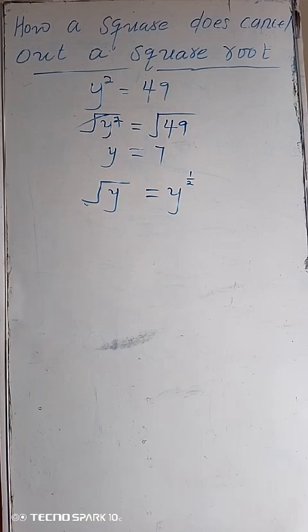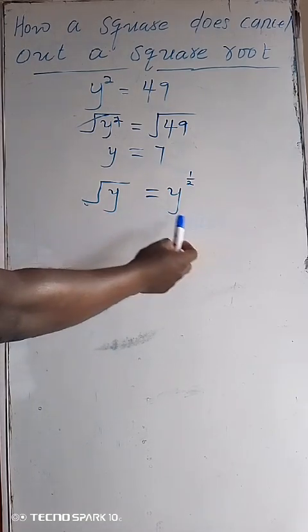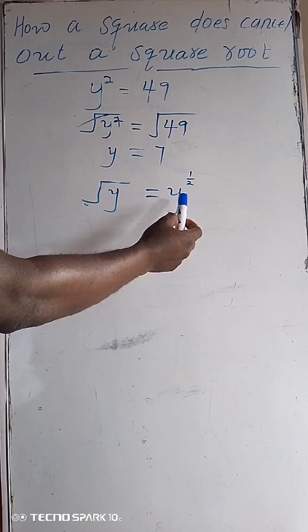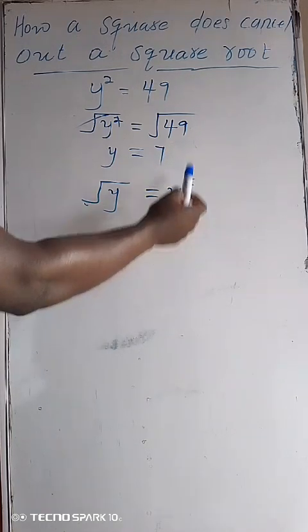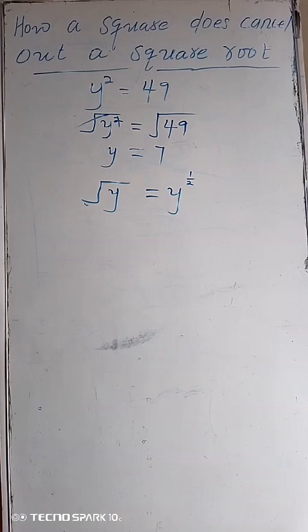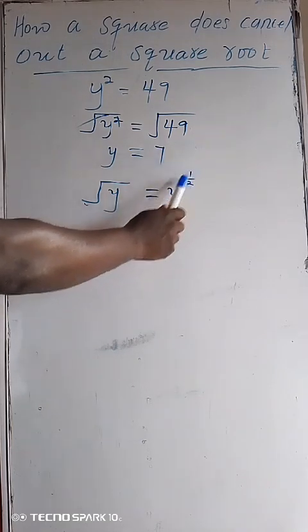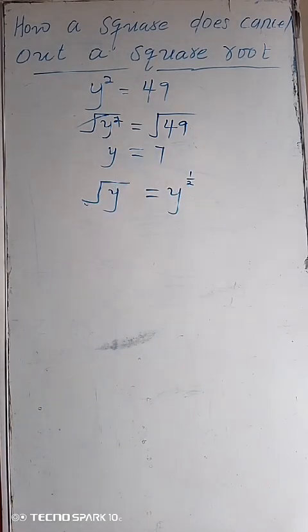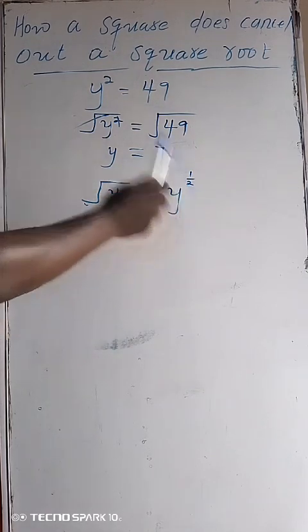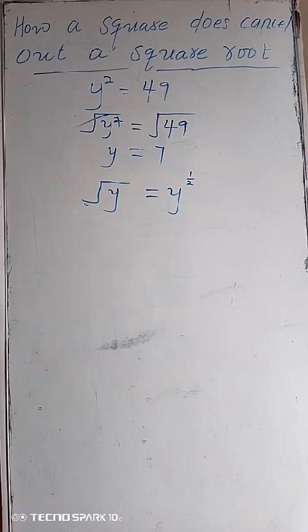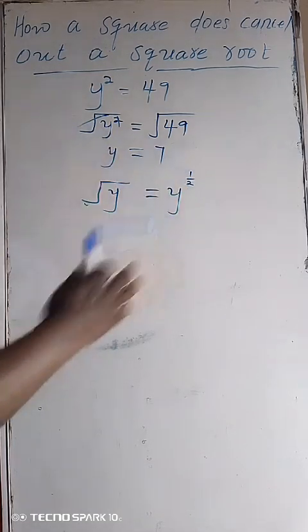Meaning y exponent 1 out of 2 is the same as the square root of y. So now the square root is exponent 1 out of 2. That is the meaning. So this point is well established: the square root of y is equal to y exponent 1 out of 2.